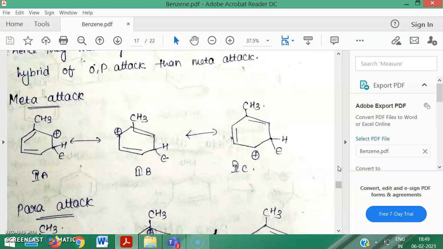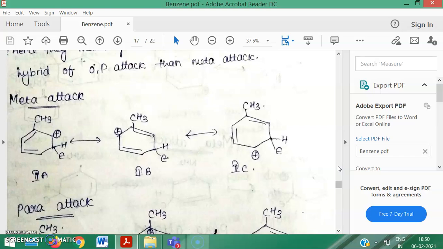Because compared to ortho and para, only 3 somewhat stable structures form, and in meta attack, less destabilized structures form when deactivating groups are present. So deactivating groups always direct the meta position.